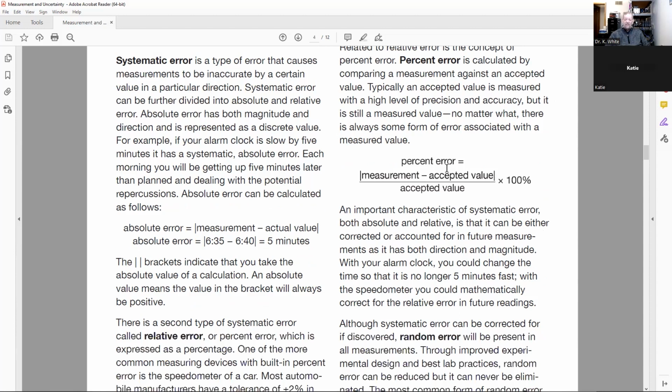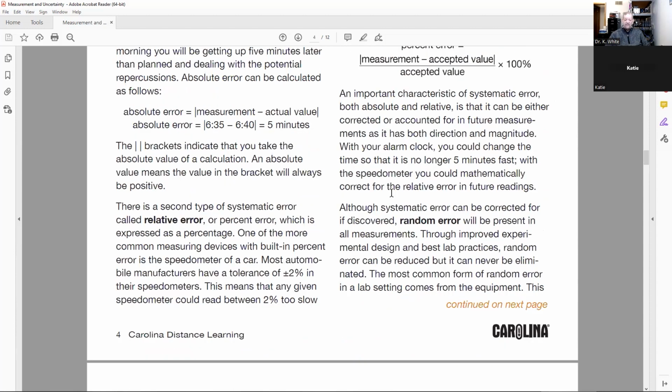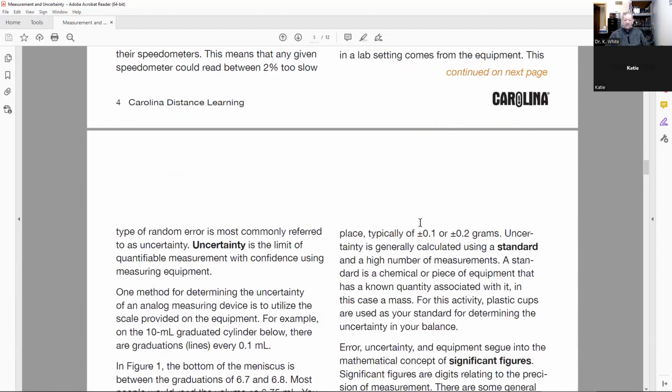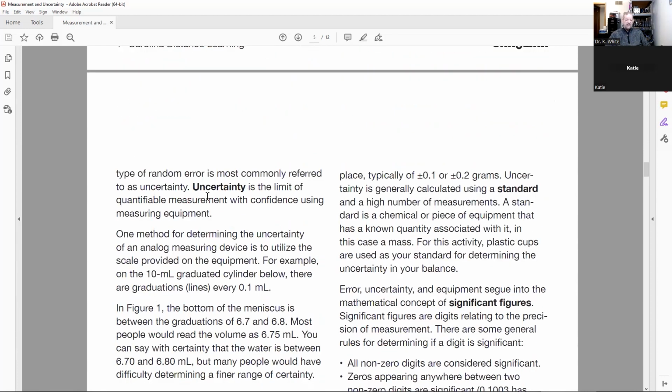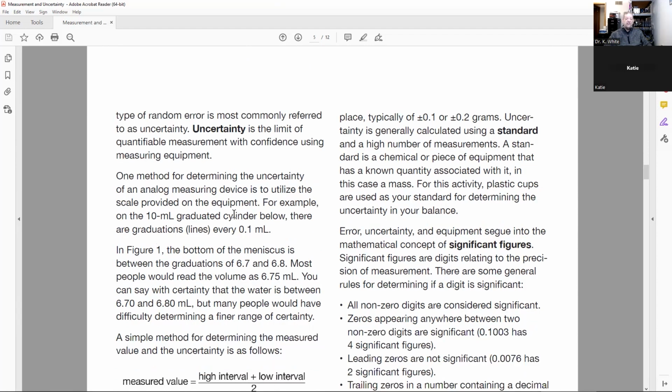They talk about random error, which we're really not going to get into in this lab. And uncertainty is the limit of a quantifiable method with confidence using the measurement. You'll see something like this is accurate to plus or minus 0.1 or things like that.